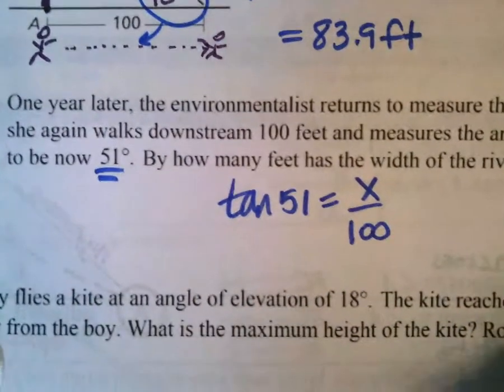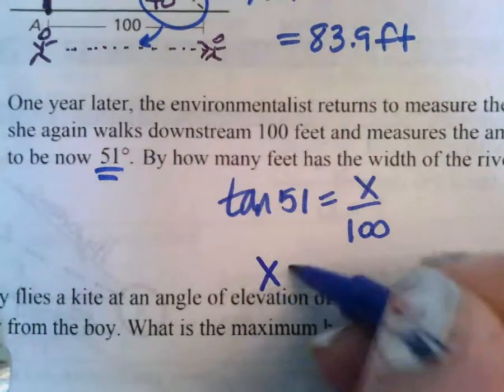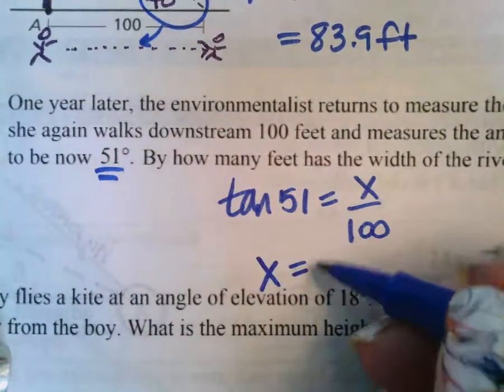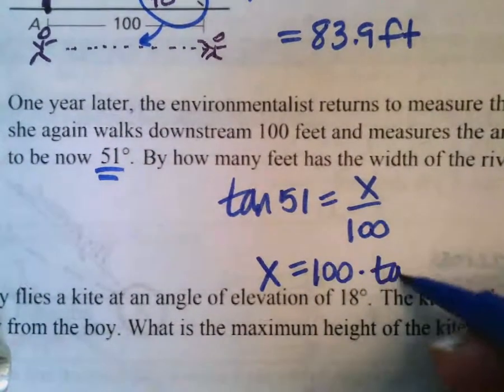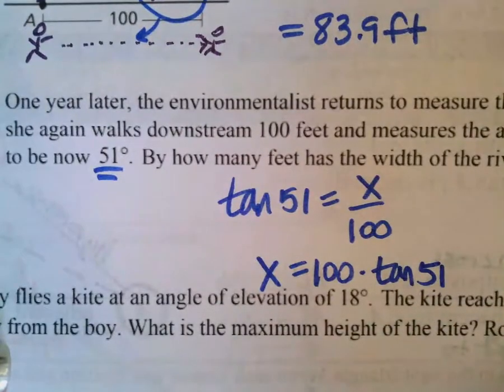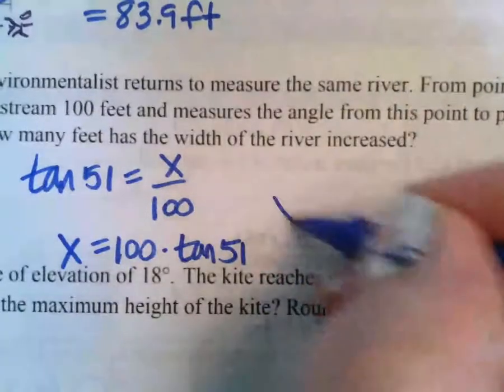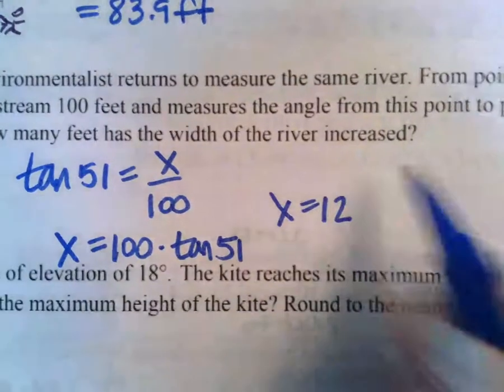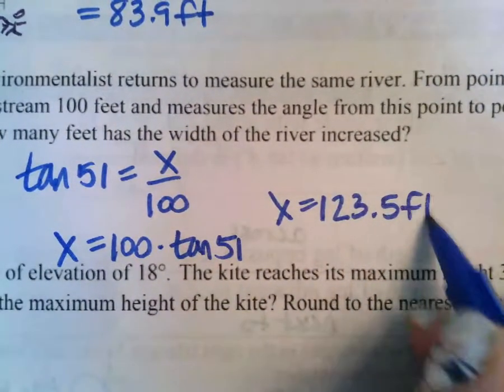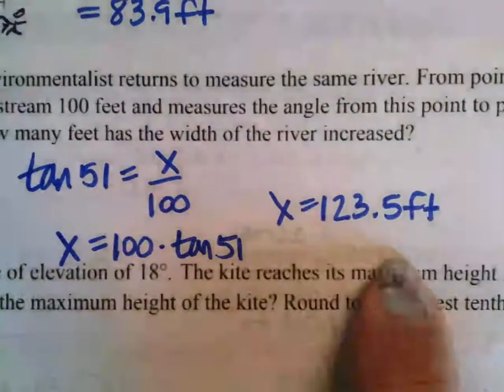That's the only thing that changed. How wide is the river now? Well, it's 100 times tangent 51. And that means the river is 123.5 feet.